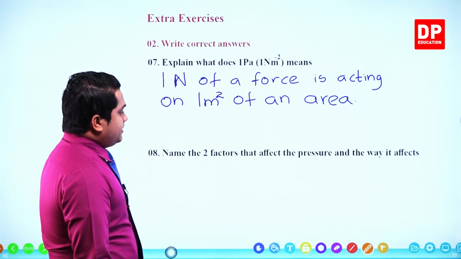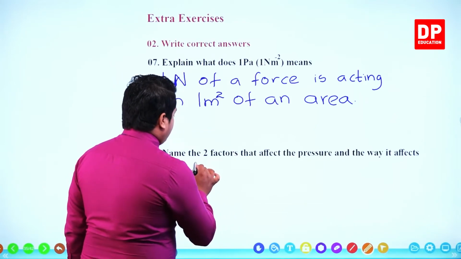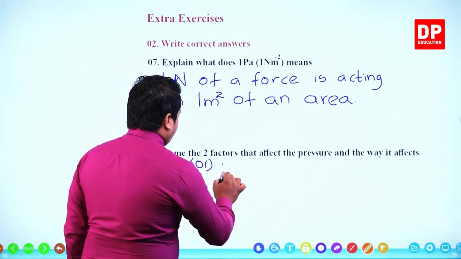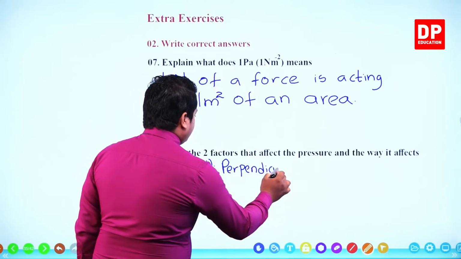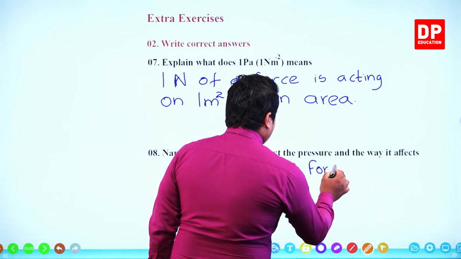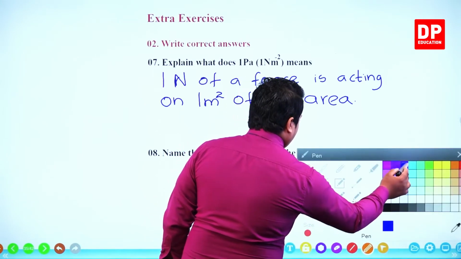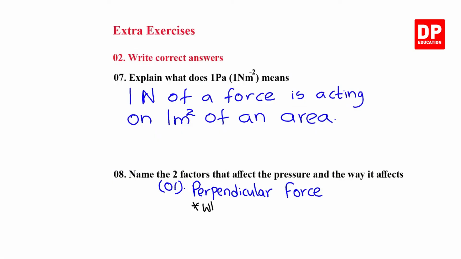Name the 2 factors that affect the pressure and the way it affects. Right. So the first factor, you know, force. I'll mention it as the perpendicular force. So how is it acting? When increasing force, pressure increases.